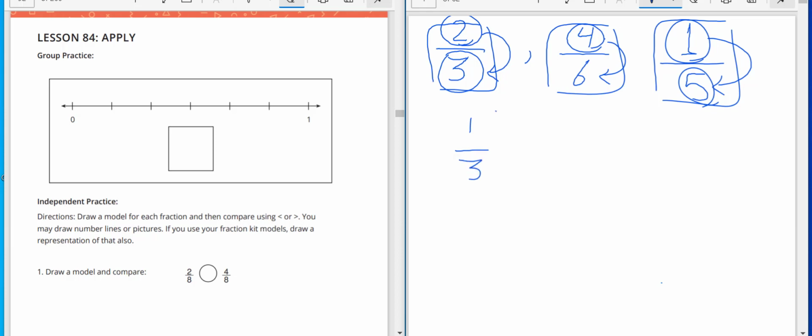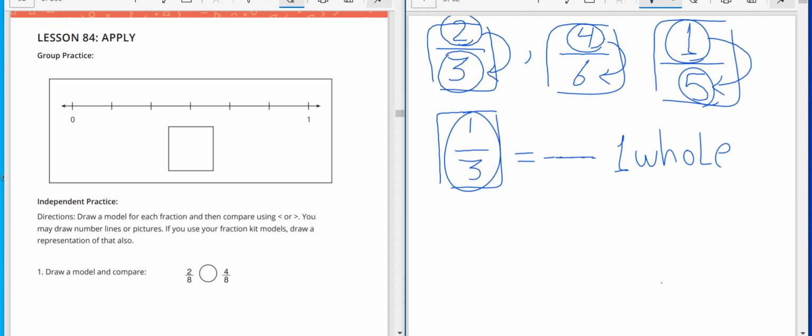This third equals what? 1 whole. 3 thirds equal 1 whole.